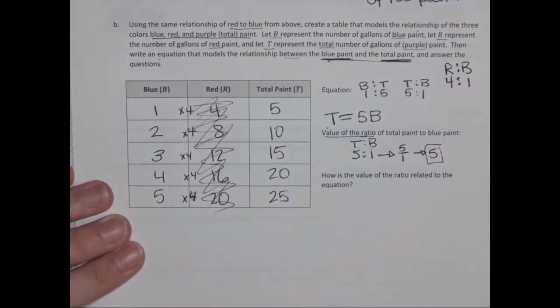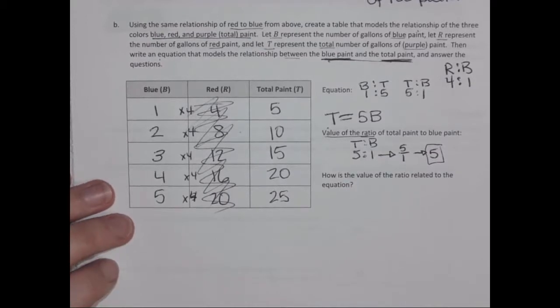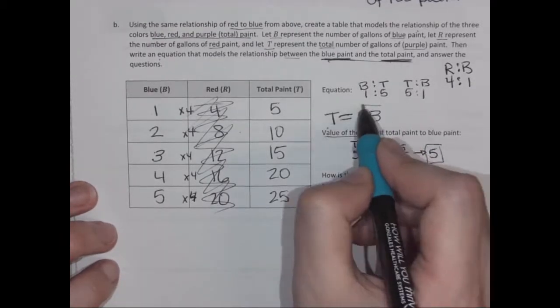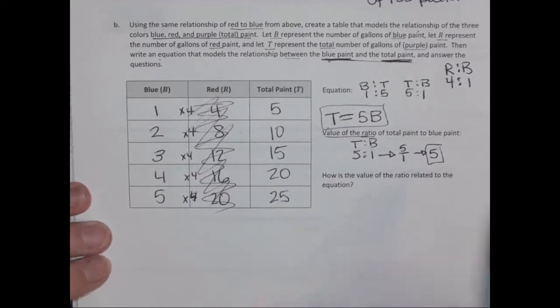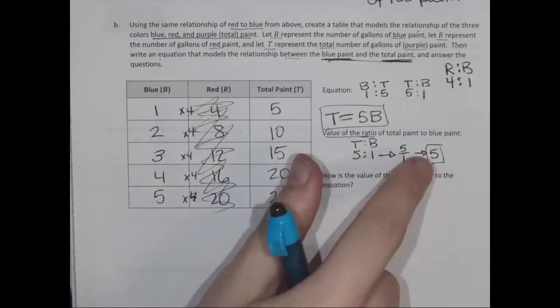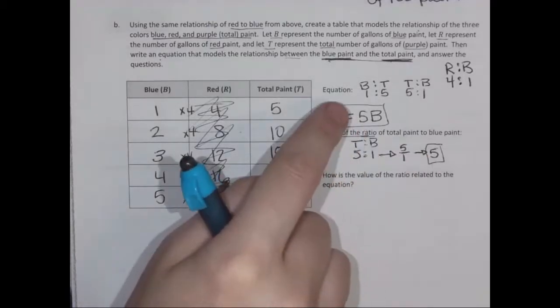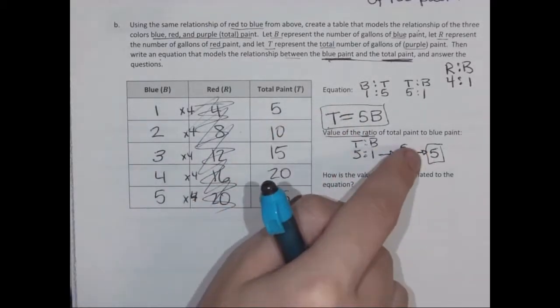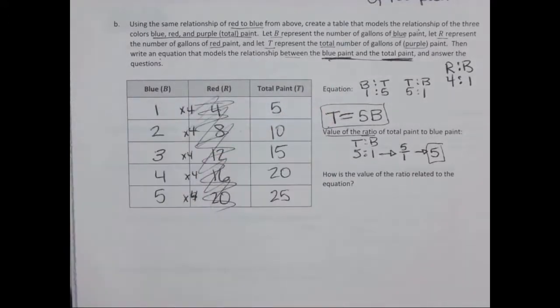What's our value? 5. Now, good. Here's the equation. Here's the value. Turn and talk with your partner and explain how the value of the ratio is related to the equation. Go ahead.